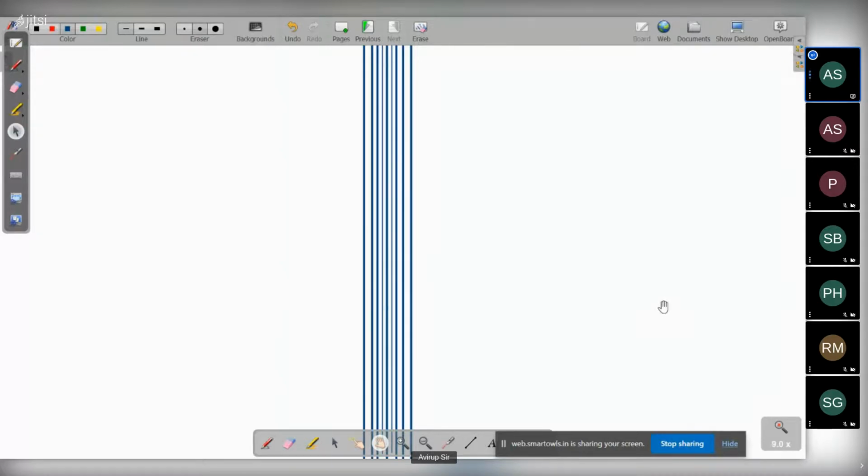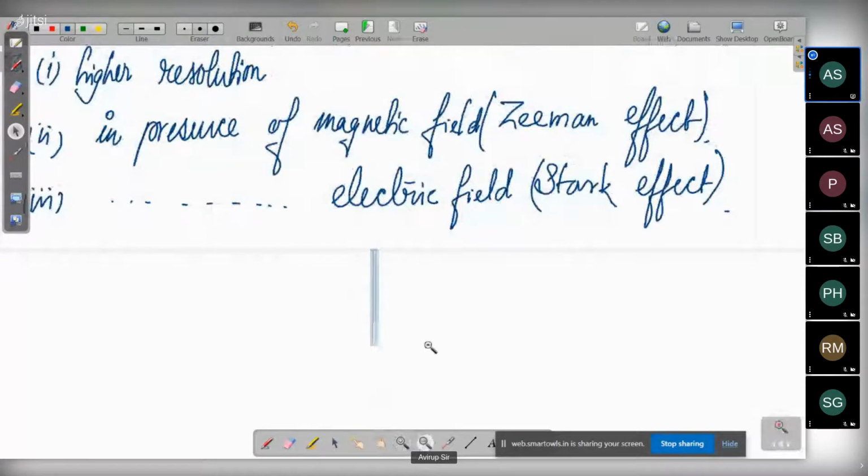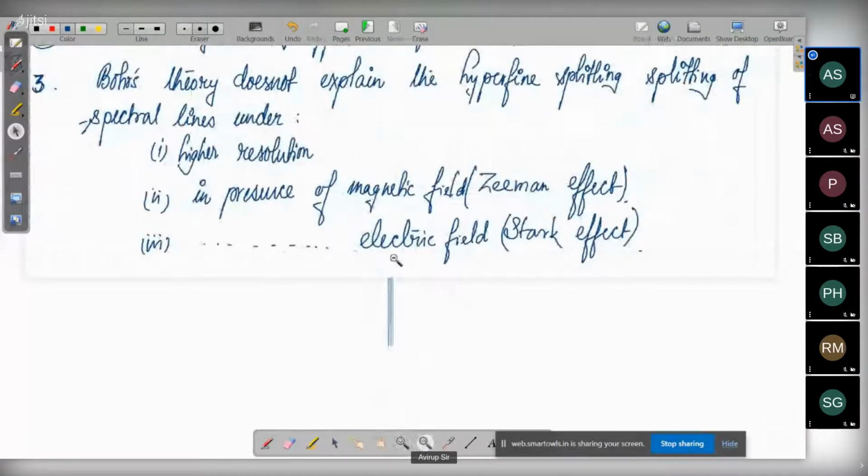Obviously Bohr could not observe this due to the technical limits of his time, and as a result his theory does not explain anything about this hyperfine splitting. This is the hyperfine splitting we observe at a higher resolution. Other than that, it can also be observed when we apply an electric field or a magnetic field.